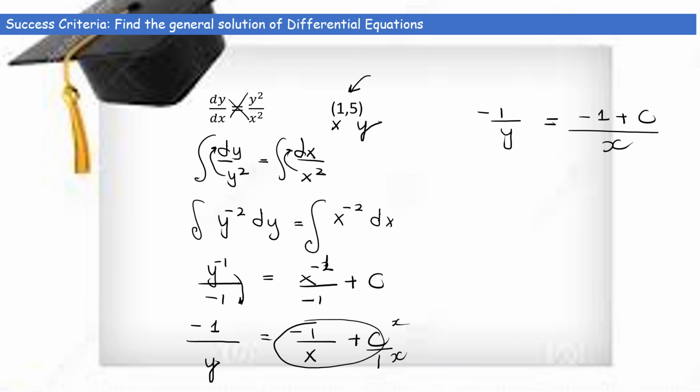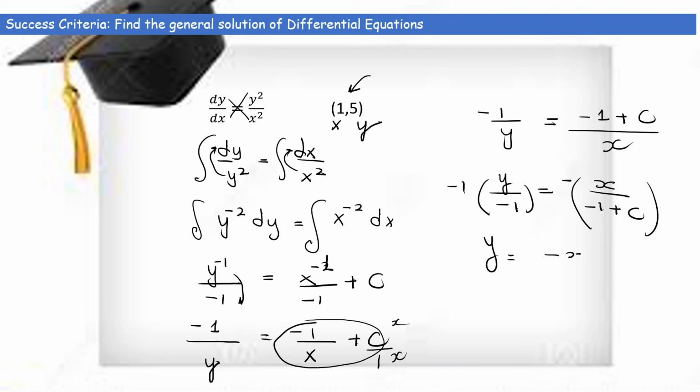Of course, you just flip. So you will get y over negative 1 equals x over negative 1 plus c. Remove this negative 1 by bringing the negative over here. So you will get y equals negative x over c minus 1. So this is our value of y.